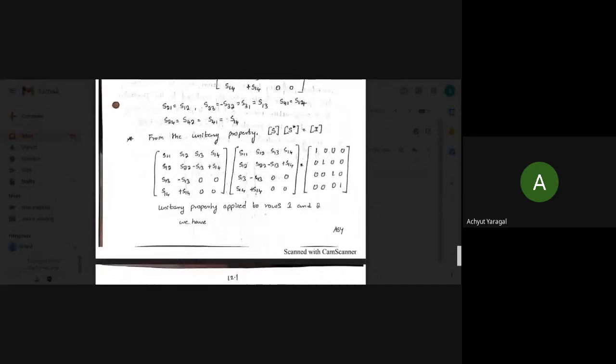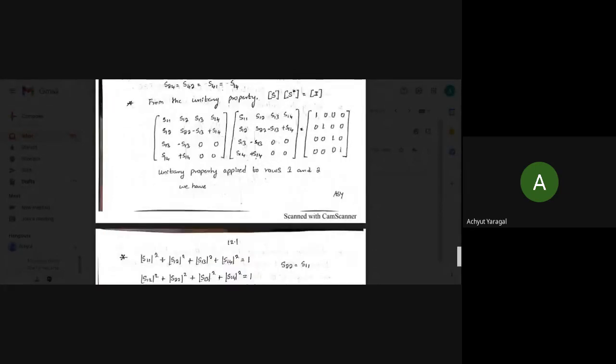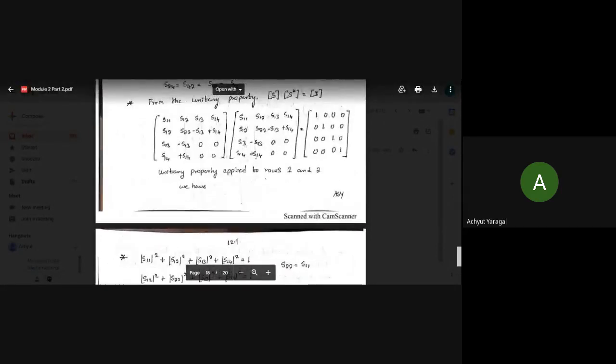The unitary property is applied to rows 1 and 2. Row 1 is multiplied with column 1 of the second matrix, and the same for the other. If we do this, we get S22 is equal to S11. And again the unitary property is applied to rows 3 and 4.